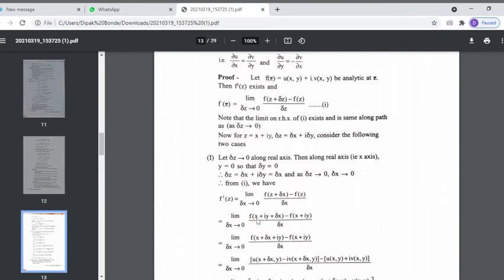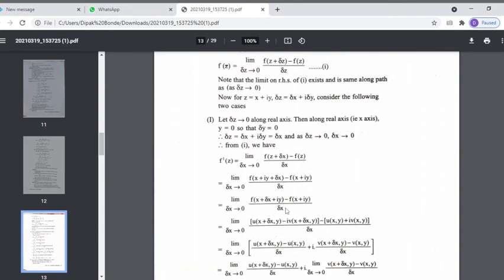So here it can be written, with z being the complex number x + iy, as [f(x + delta x + iy) - f(x + iy)] / delta x. So it becomes x + delta x, which is a real value, plus iy, where y is the imaginary part, minus f(x,y).